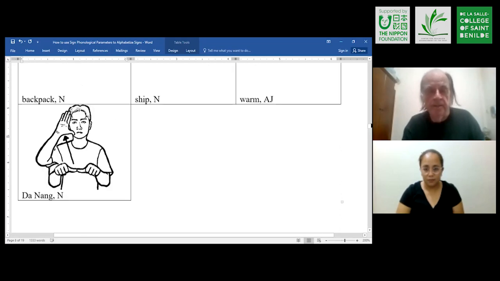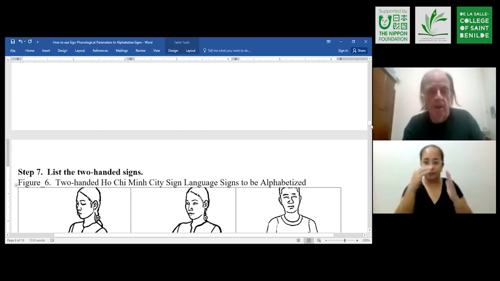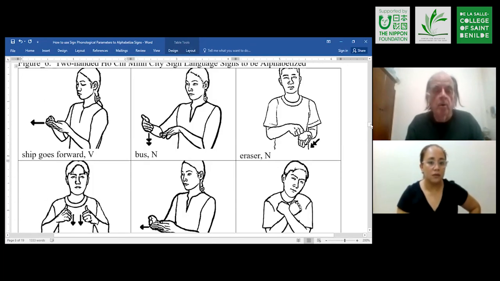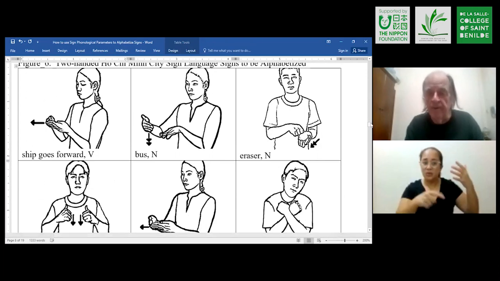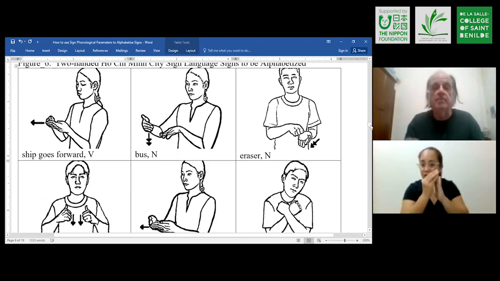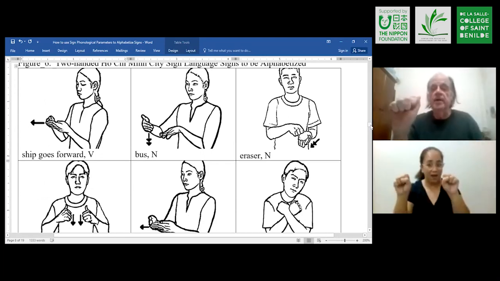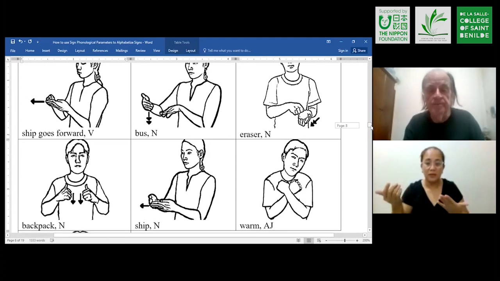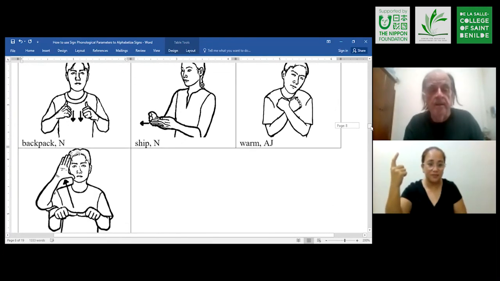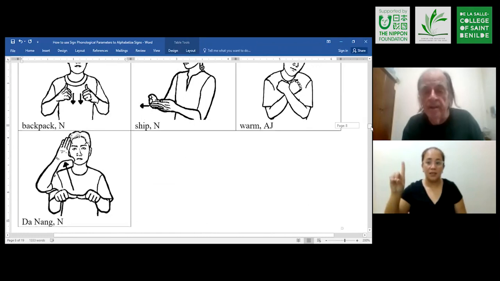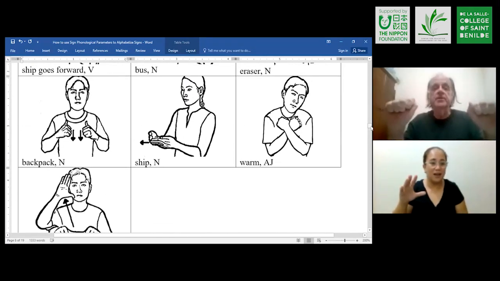Okay, so we have these signs. Which of these signs goes first? Look for the right hand and the hand shape that is going to be most common. We don't have this. We do have this, an eraser. So that one will go first. And then backpack and Da Nang, sorry, and then warmth with this hand shape also.